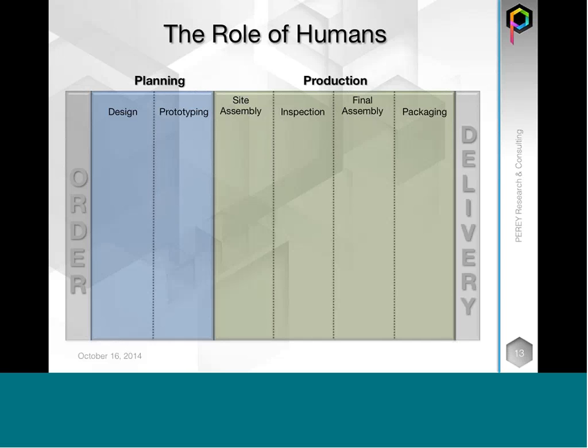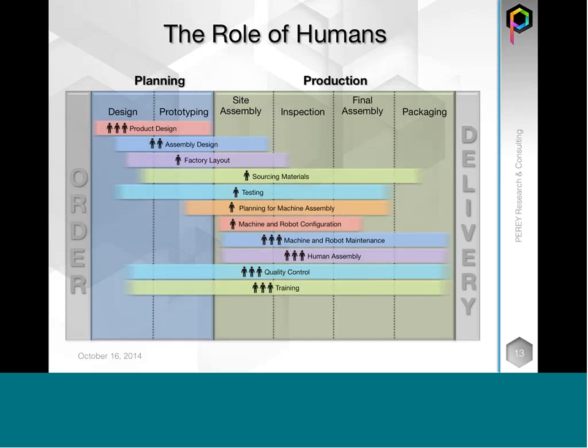And on the far right, there are many other sophisticated systems to make sure that the product arrives at its customer on time and in good condition. So I'm not going to be talking about ordering and delivery technologies. I am going to focus entirely on those that involve the planning of products, the planning of the space in which they'll be made, and their production, and where the human being plays an important role.